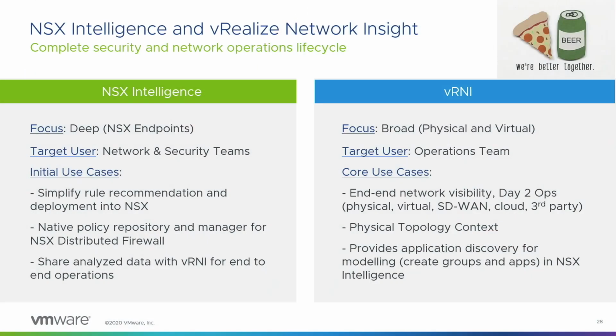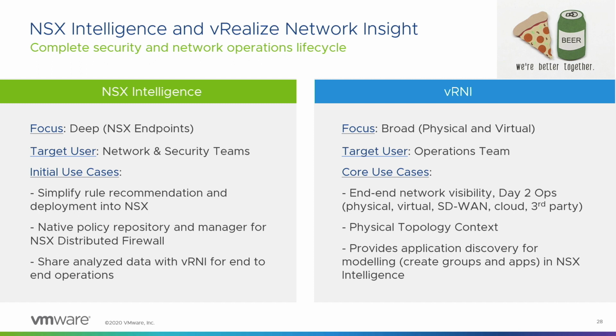The idea for us is that NSX Intelligence, as you said, is right at the workload. It goes very deep for the context. That's why it can do things like provide the recommendations. But we also have vRealize Network Insight, which is a broader tool, an operational console that spans across physical and virtual.